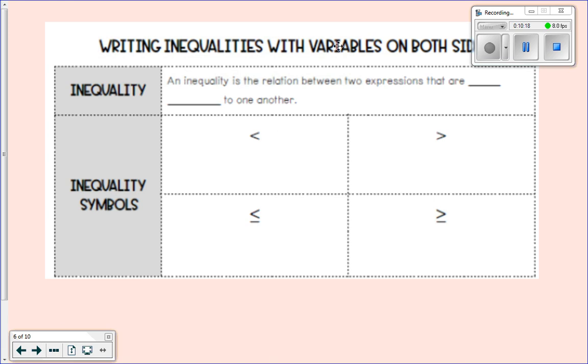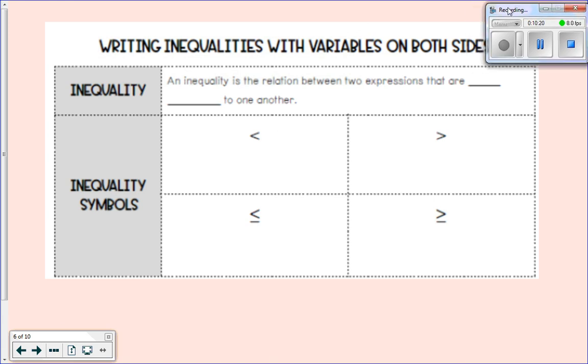All right, so we're going to do the same thing with inequalities. An inequality is the relation between two expressions that are not equal to one another. We have the less than symbol.